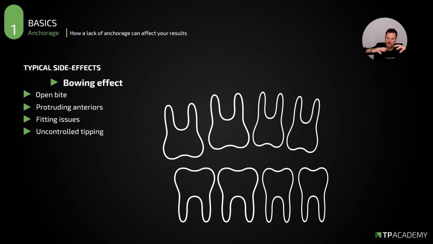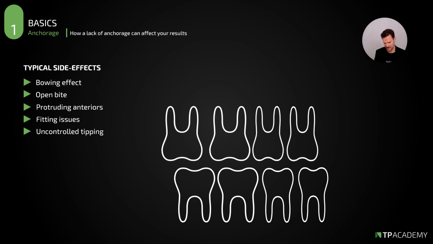We open the bite a little bit in the premolar area because we have some reciprocal forces in the anterior and the posterior area. This can also come because I don't do enough IPR in the mouth of the patient, even if I clinically have planned it. So there can be a lot of reasons why I have a bowing effect. And we will also show you what you can do against the bowing effect in the next modules.